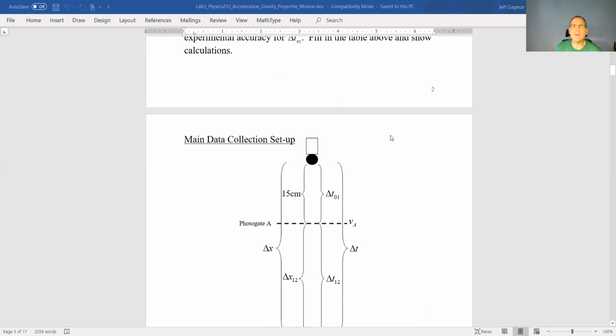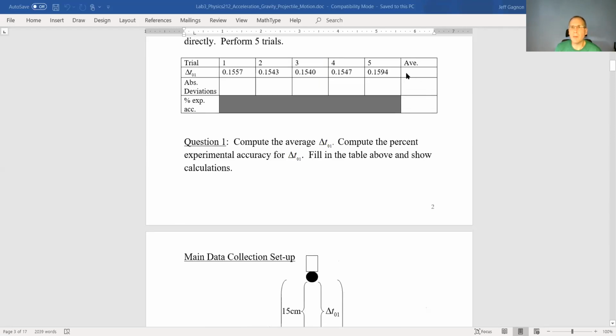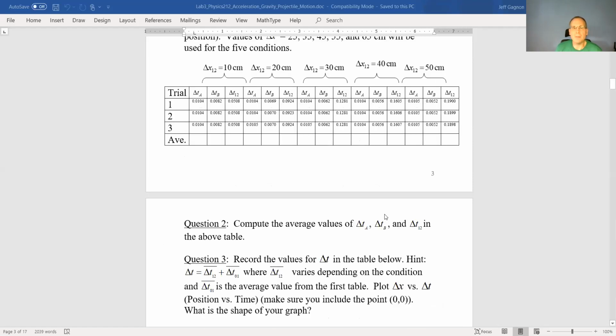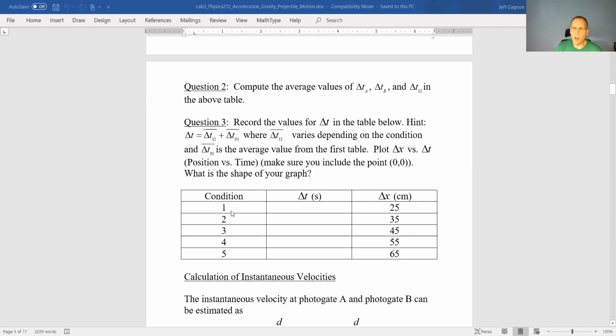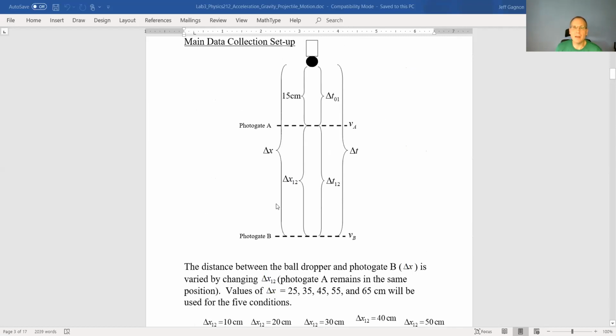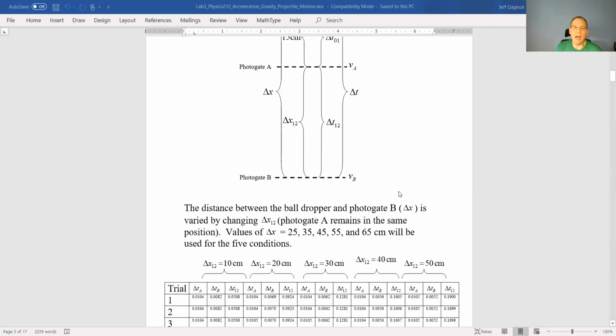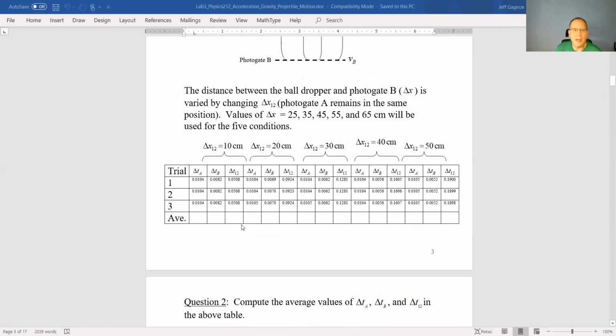We have that average. In fact, that average was right in that first table that we solved in question 1. So that average you have. And then you can add that average to delta T12, but remember, delta T12 depends on the condition. So if I want the total time for condition 1, then I'm going to take this average, the time for the first 15 centimeters, delta T01, and I'm going to add the average from here, delta T12, for that first condition.